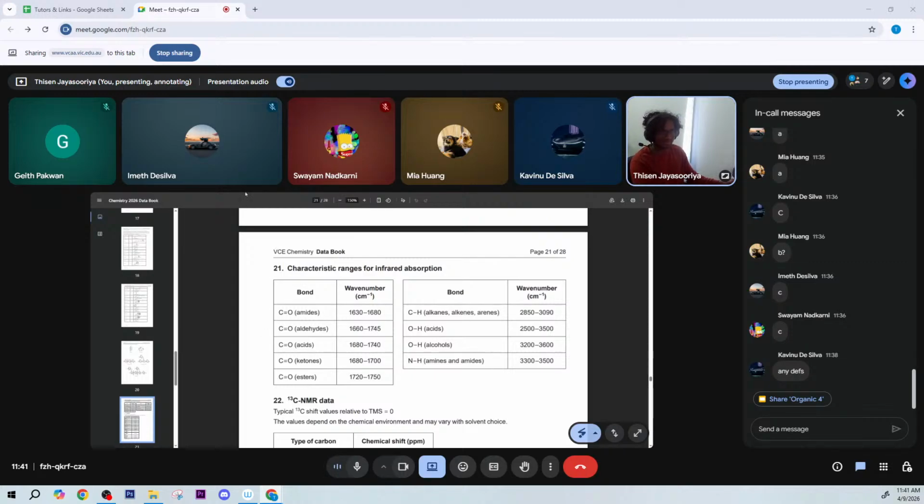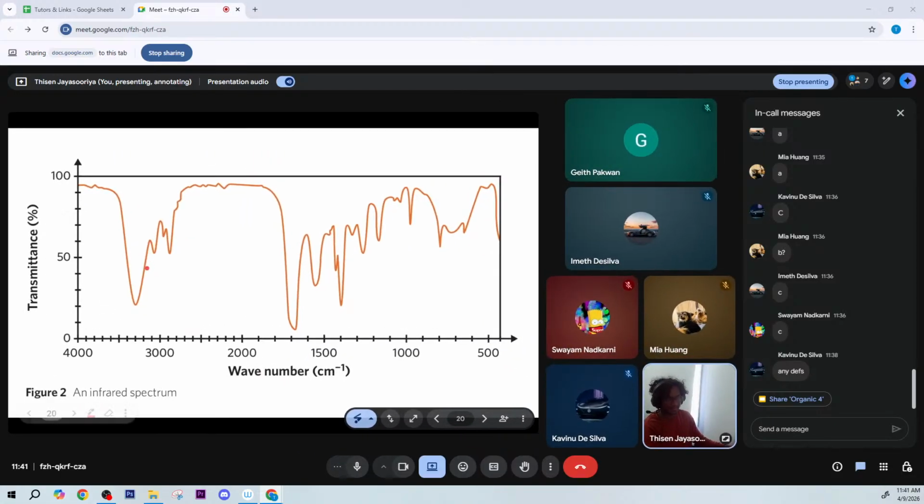So let me switch to this. This is what the graph looks like. We can see a peak at around 3,200 to about 3,600.